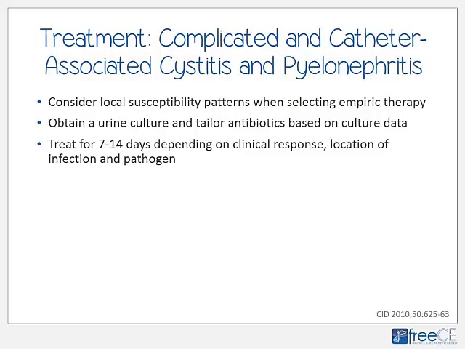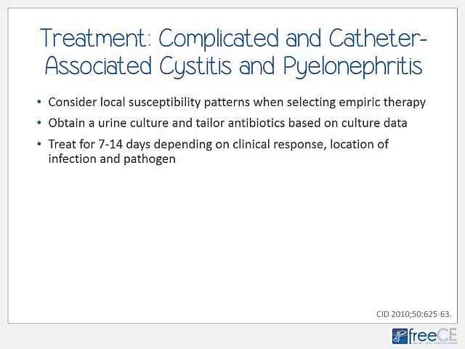So if you have something that's more multi-drug resistant or something like a Pseudomonas, you would probably err on the side of caution and go with more of a 14-day course. So a lot of clinical decision making comes into play when considering extending your duration past that 7 days. We've talked about the most common antibiotics that are used in the treatment of urinary tract infections.